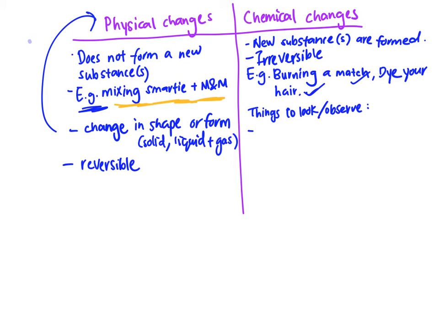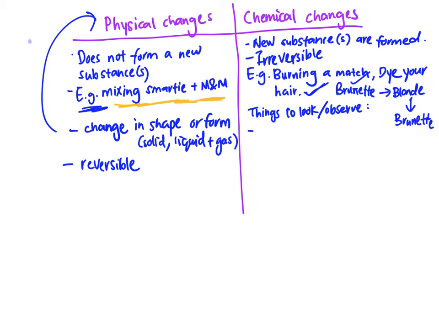Let's say you dye your hair from brunette to blonde, you can't reverse it back. It will never go back to brunette again unless you dye it back to brunette. You get me?